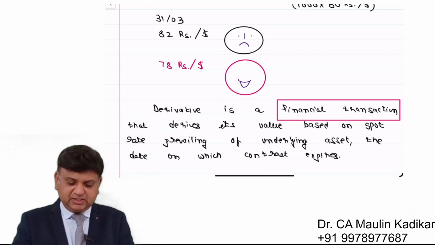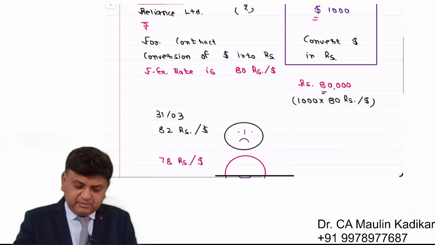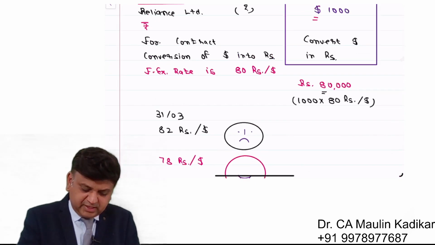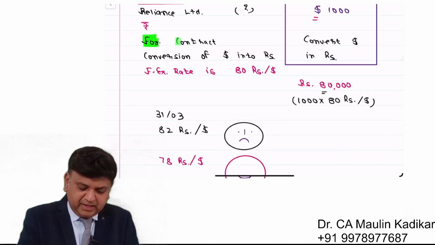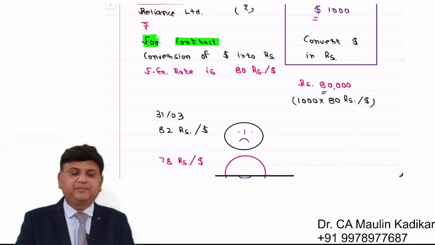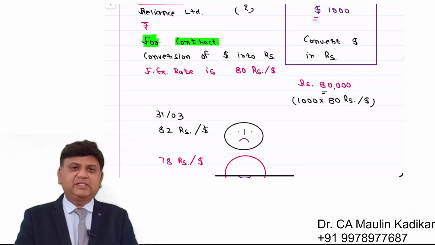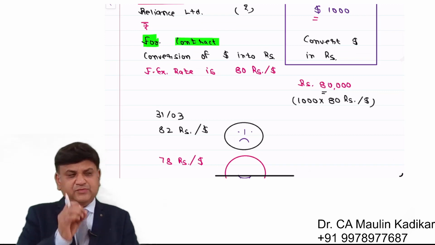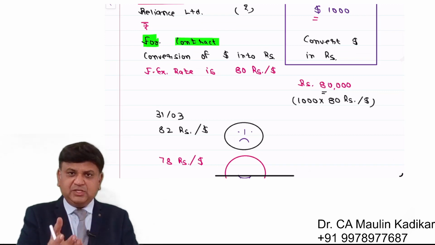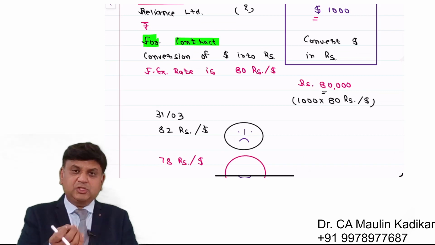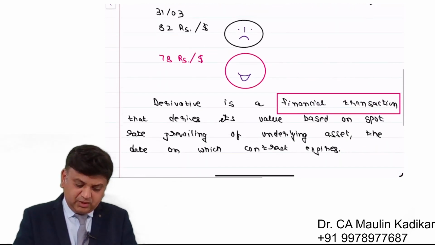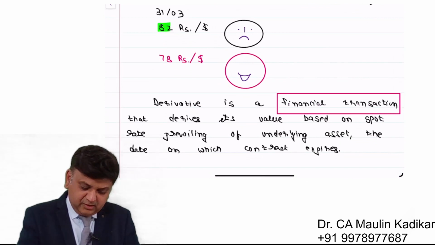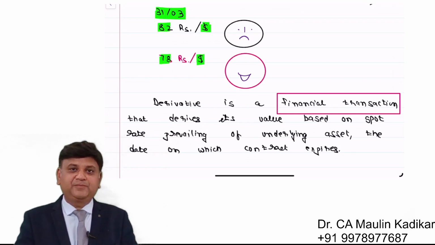It means something like this. Basically, the forward contract is a part of derivative transactions. There are a number of derivative transactions. One of them is a forward contract. This forward contract is beneficial for the company or it is loss making. That depends upon the spot rate prevailing of the underlying asset on the date on which the transaction expires.